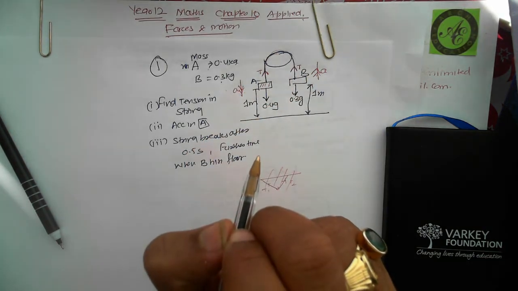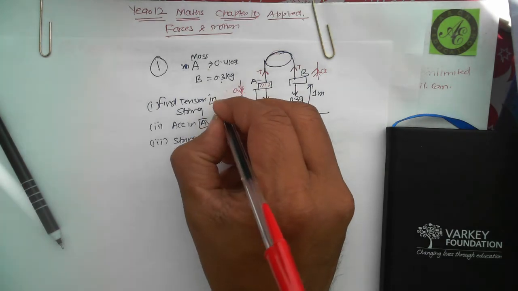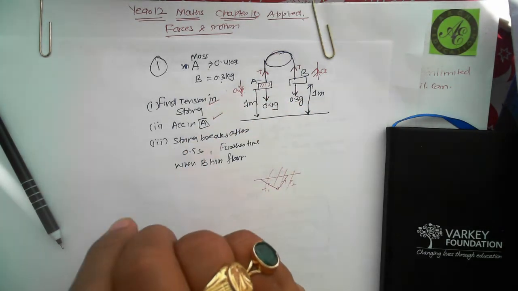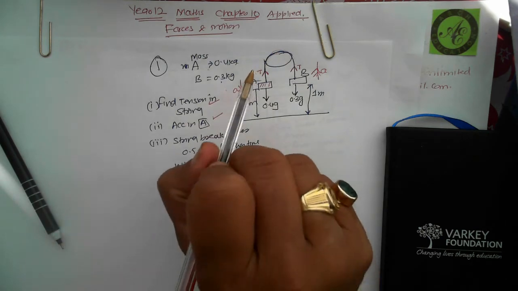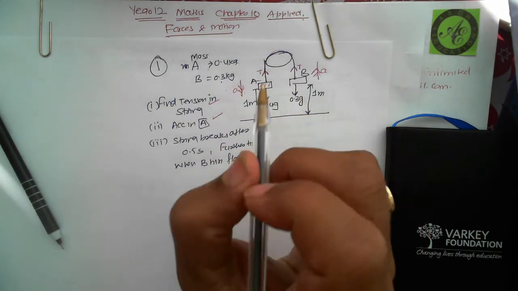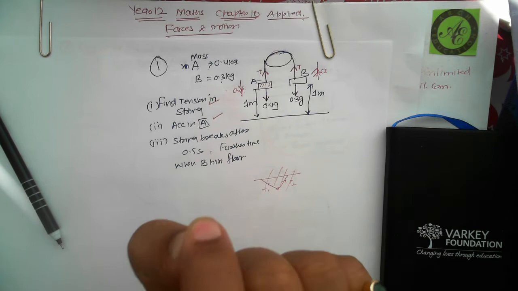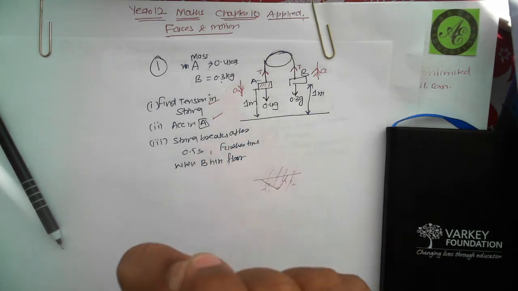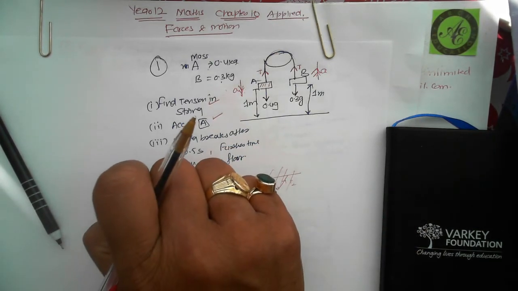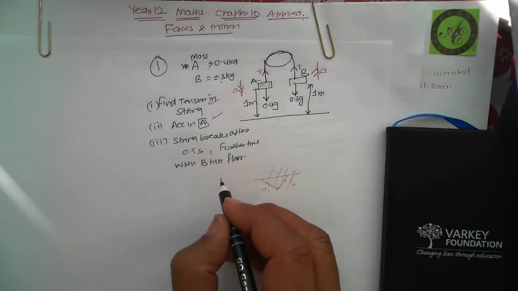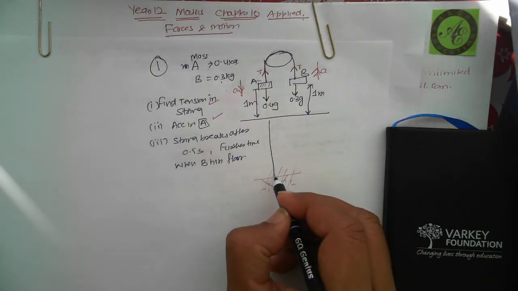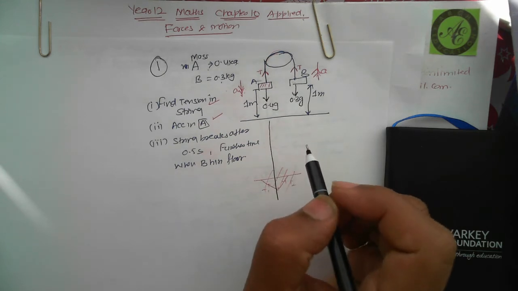The question asks you to find the tension and the acceleration. Now, guys, there are a couple of methods of doing this, and in these kinds of questions I would always advise you to look very carefully for two simultaneous equations. You can probably find the acceleration in other ways as well, but I'll do the two simultaneous equations, the standard approach which I would like you to follow for everything.